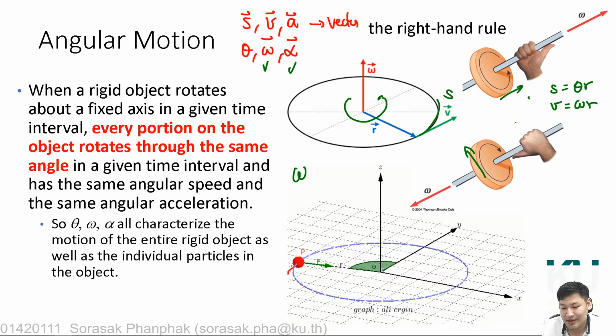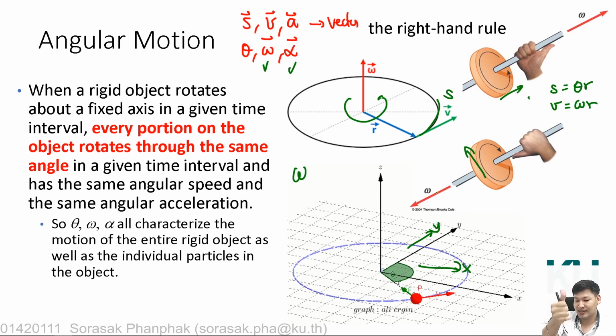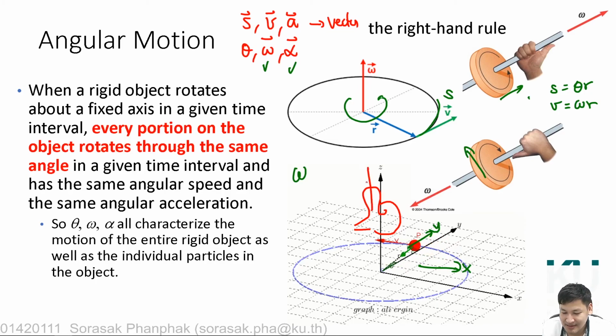If you know the axis, for example, this is the x-axis, this is the y-axis, and we move like this, you have omega pointing upward. In this case you wrap your palm and have your thumb pointing upward. This is the direction of omega for this motion. So you can write omega as omega in the z direction.